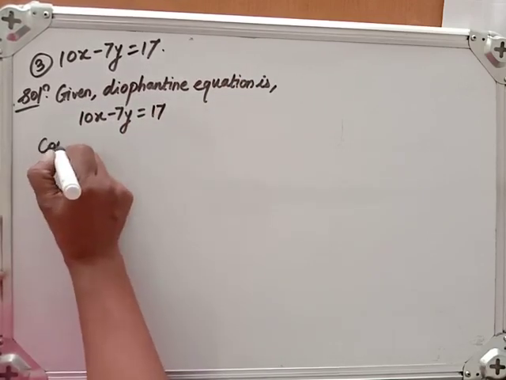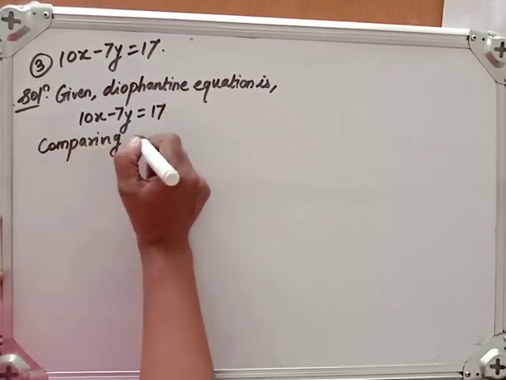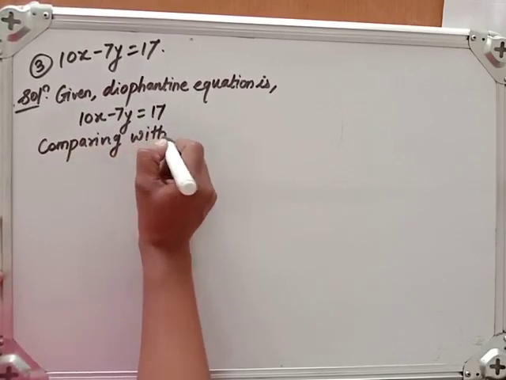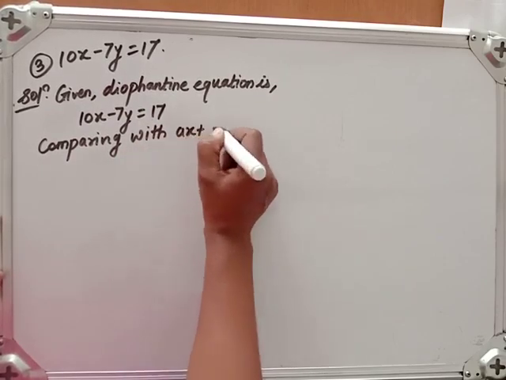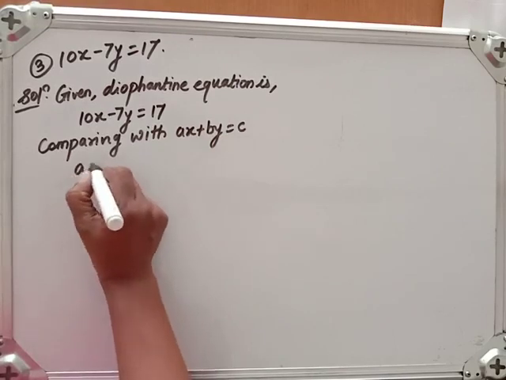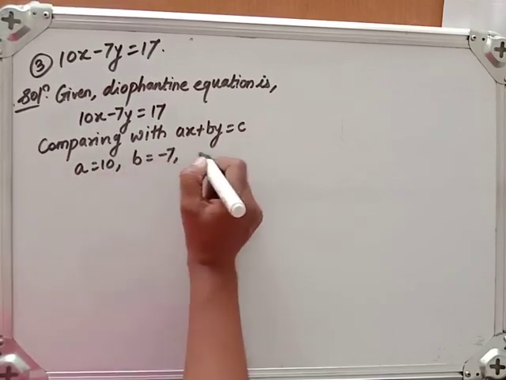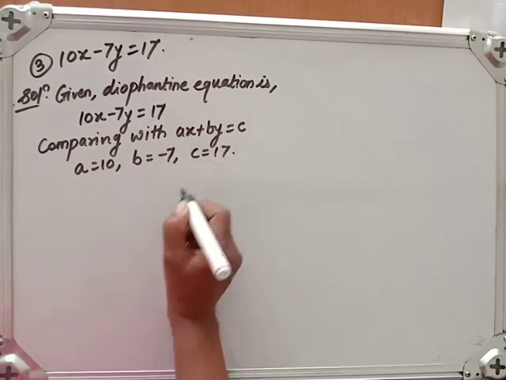Comparing with ax + by = c, we get a equal to 10, b equal to -7 and c equal to what? 70.